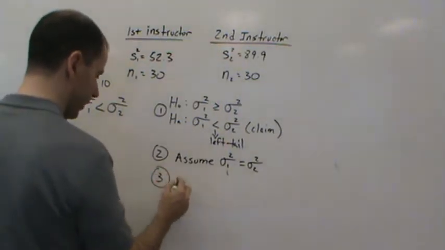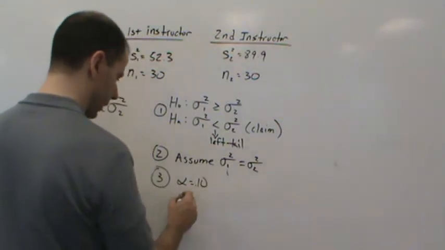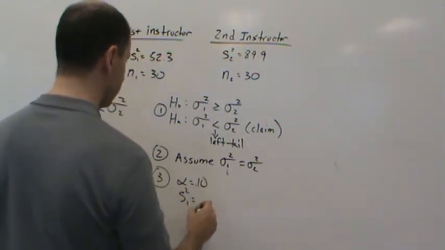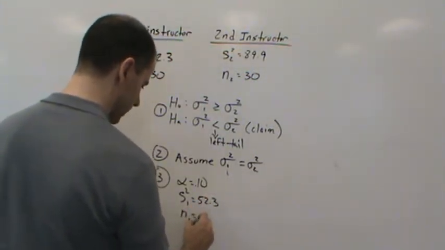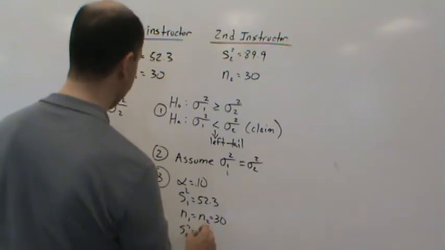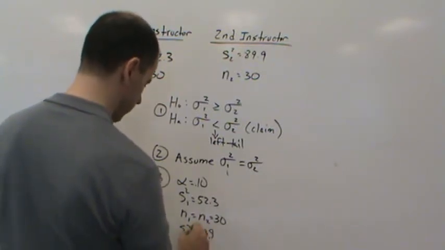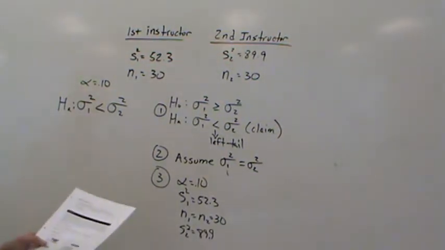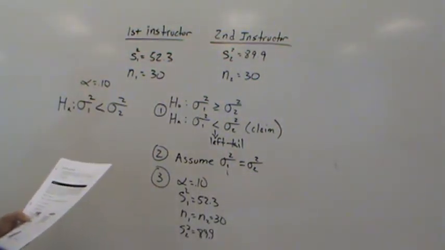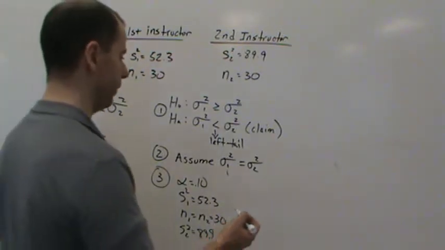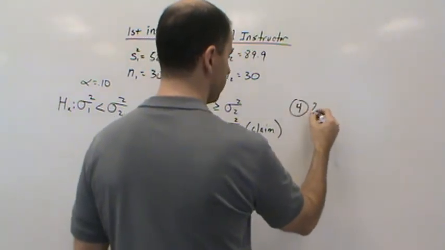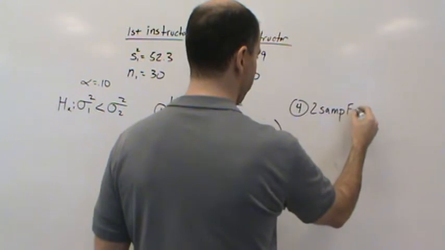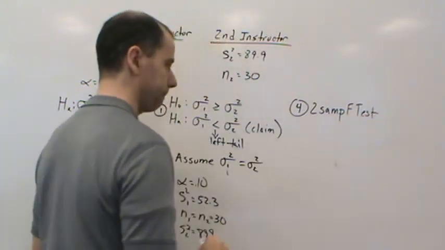Step 3 is alpha is equal to 0.10, S1 squared is equal to 52.3, N1 is equal to N2, which is equal to 30, and S2 squared is equal to 89.9. Okay? And so that's the information we're given. That's all the information we need. And of course, this is going to be an F test anyway, because of what we're testing. So this is step 4. We're going to use the 2-sample F test, right?